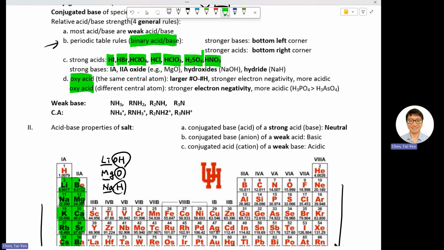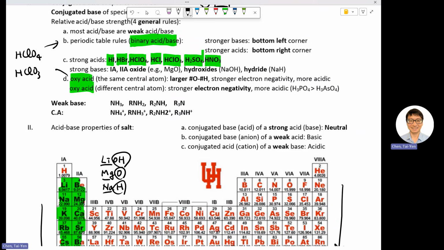For example, HClO4, HClO3. These are two strong acids of our big 7. They are a standard type of so-called oxoacid.